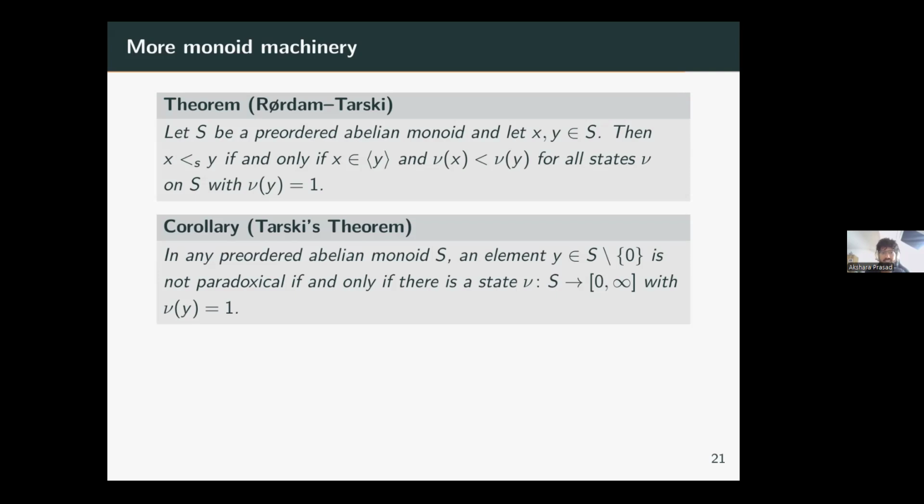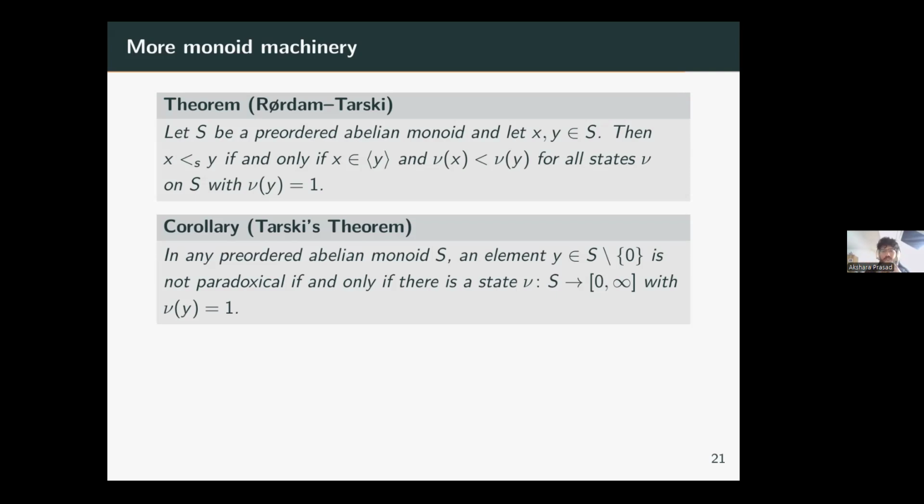If S is a pre-ordered abelian monoid, and you have elements x and y in S, then when does y stably dominate x? This happens if and only if, as far as states are concerned, the elements are dominated. So nu of x is less than nu of y, and also x needs to be in the order ideal generated by y.